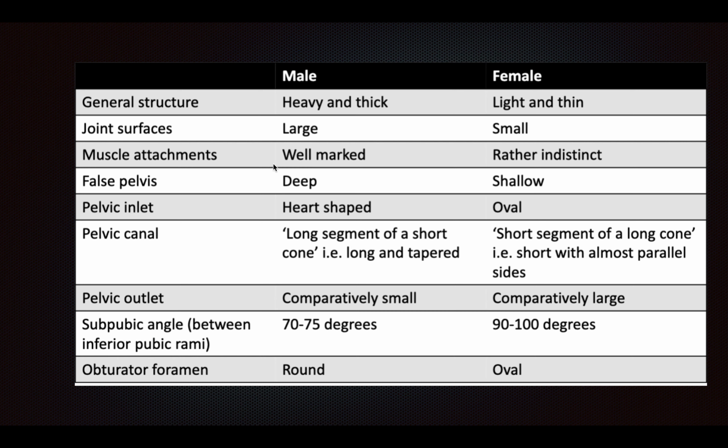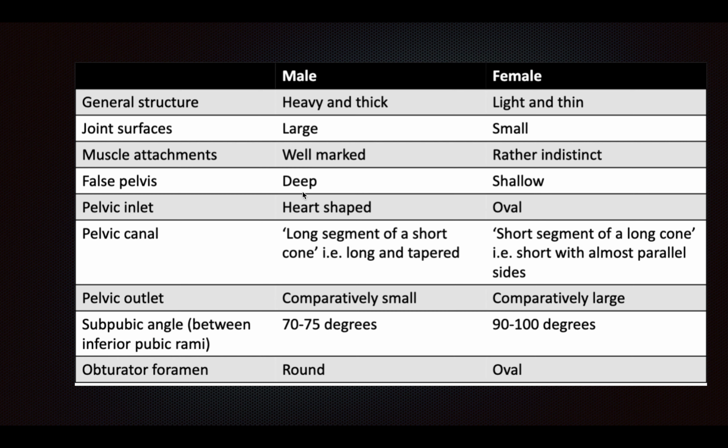And the muscle attachments, like I said, are going to be well marked because the muscles will be pulled during contraction. Males will, well, sometimes females too, if they work out quite a bit, right? But the more the repetitive contractions with heavy weights, working out, the more hypertrophy there would be, and the muscle attachments will be stronger due to the increased pull, so there would be increased roughening of the bone.